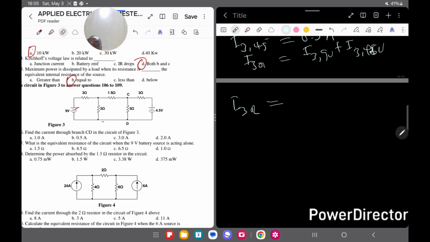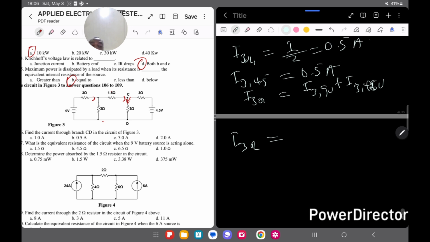So now I can just come here. When 9 volts was acting alone, you see the current direction. Current will come here, and the direction was going this way. And then when 4.5 volts is acting, the current is also coming the same way. So they are both in the same direction, and because of that, the algebraic sum will just be the addition.